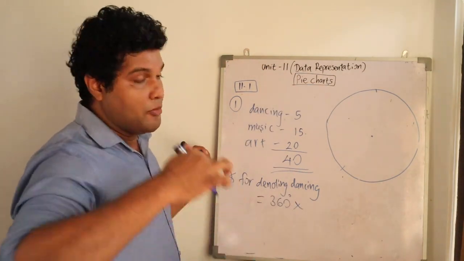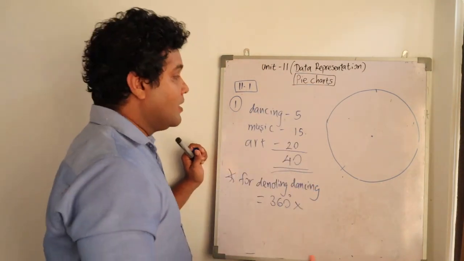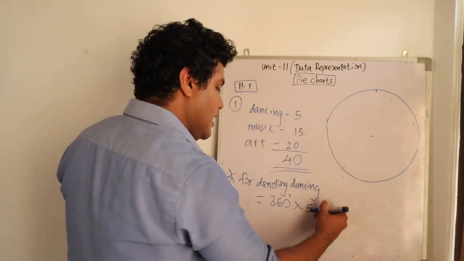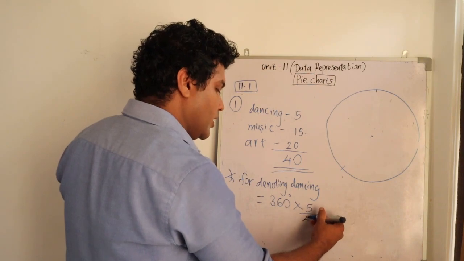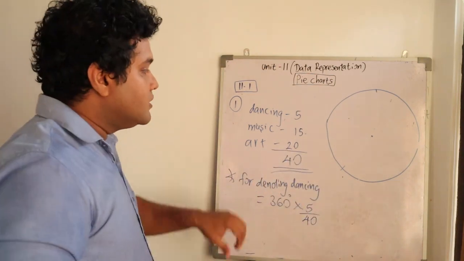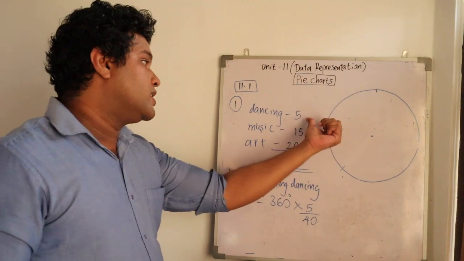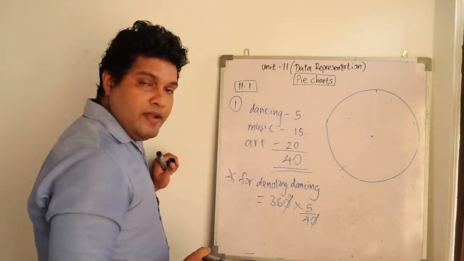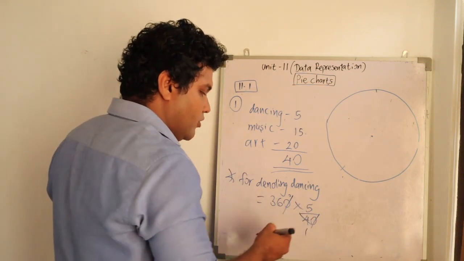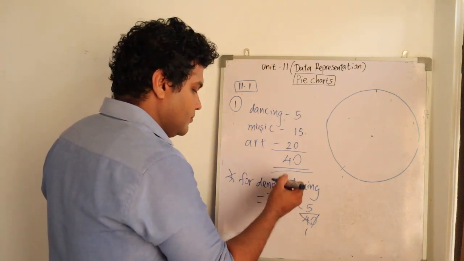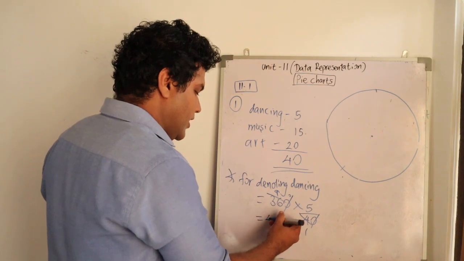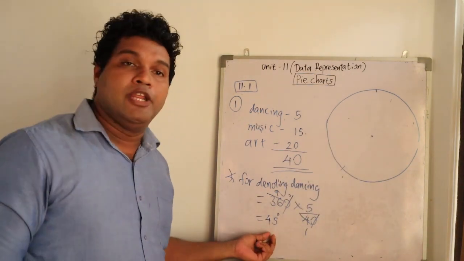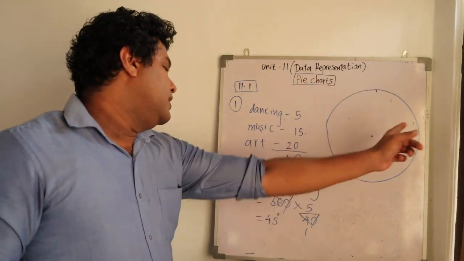What's the fraction belonging to dancing? It is 5 over 40, because the total is 40. When I simplify, 4 times 1, 4 times 9, 9 times 5, 45 degrees. Only 45 degrees is enough to denote the sector for dancing.